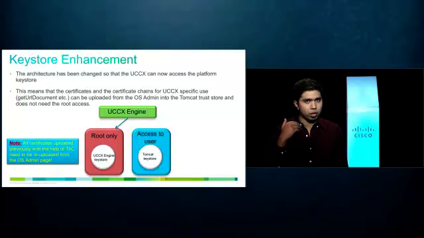But if you're a UCCX administrator and you're using something like the get URL document, and you're trying to make an HTTPS connection to a server that is secure, you will obviously need to upload the certificate and the certificate chain into the UCCX. But the UCCX engine has access only to the engine keystore. It doesn't access the Tomcat keystore.